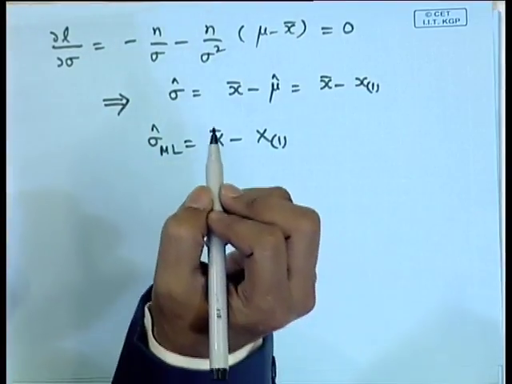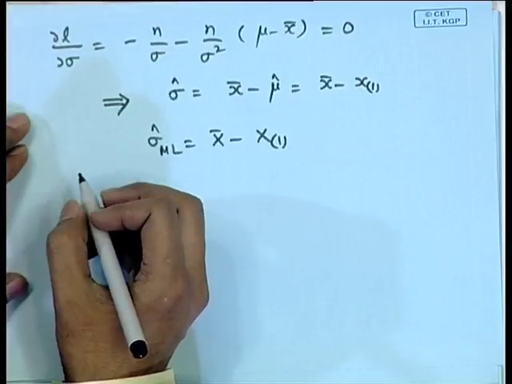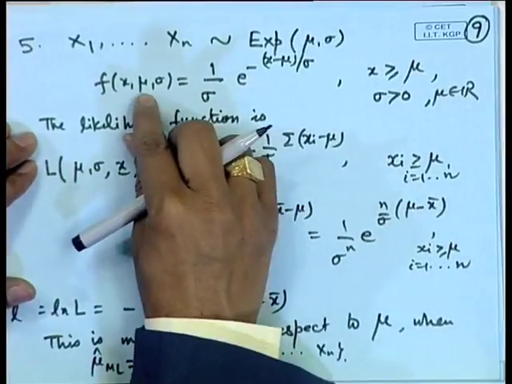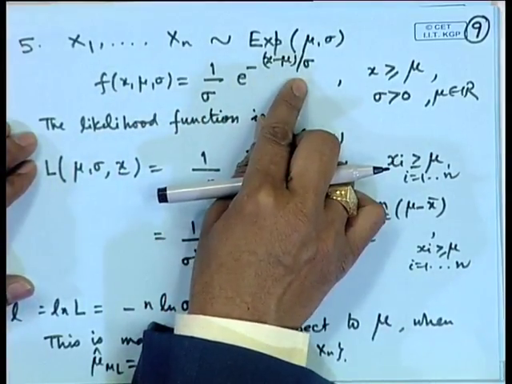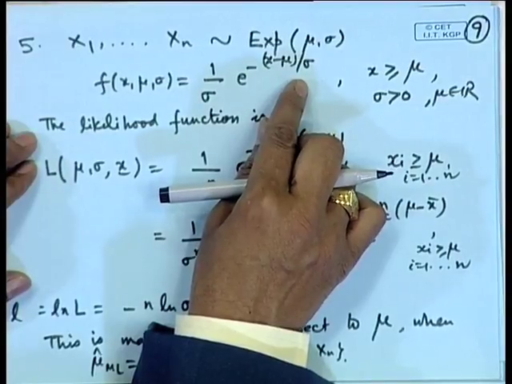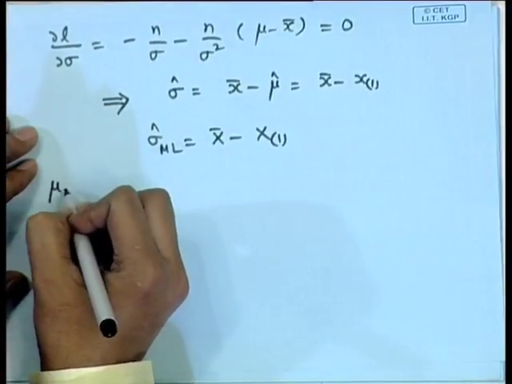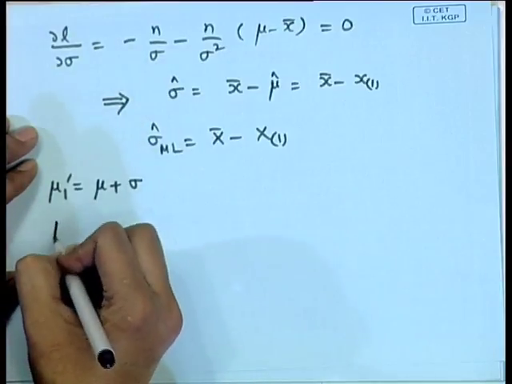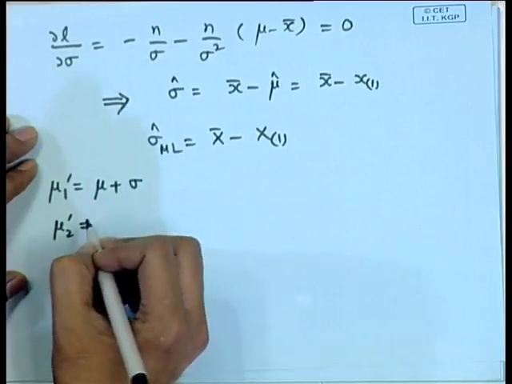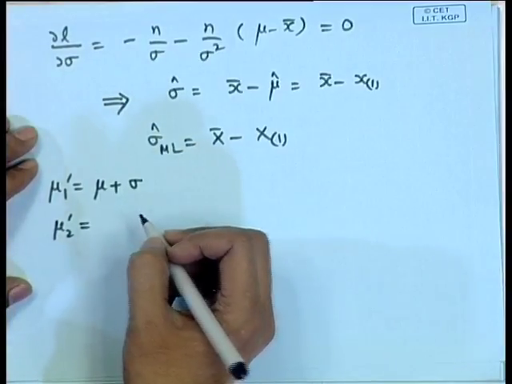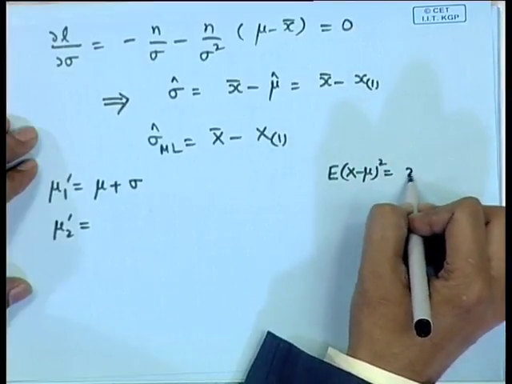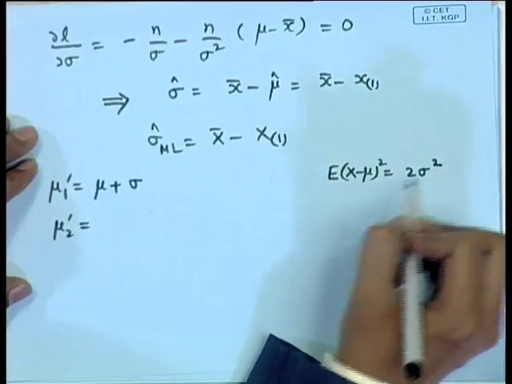Let us see what is the method of moments estimator in this case. To obtain the method of moments estimator, we have to consider the moments of this distribution. Now, here it is a 2 parameter distribution. I will have to find out the first 2 moments. So, mu 1 prime is equal to mu plus sigma. For mu 2 prime, we can consider expectation of x minus mu square, that is equal to twice sigma square.